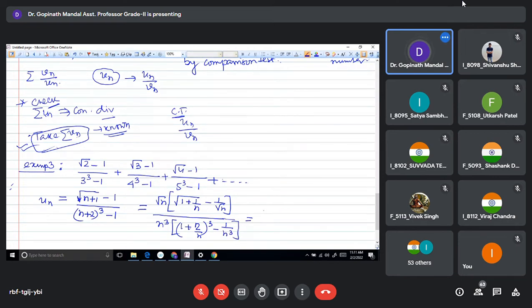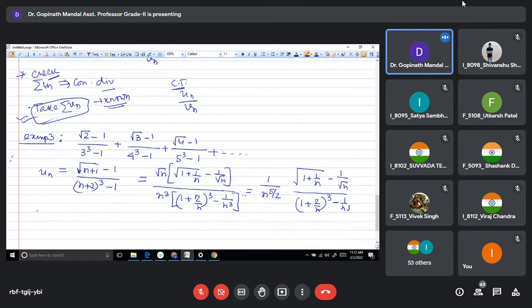So this is actually 1 by n to the power 3 minus half. 3 minus half means 5 by 2, cube minus n cube.